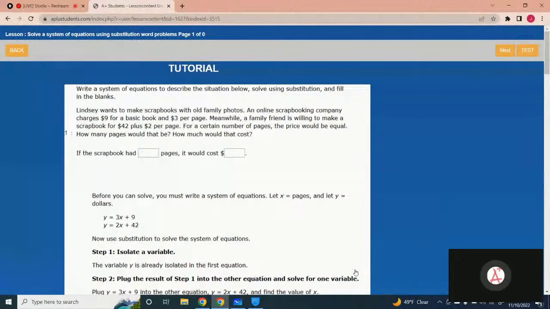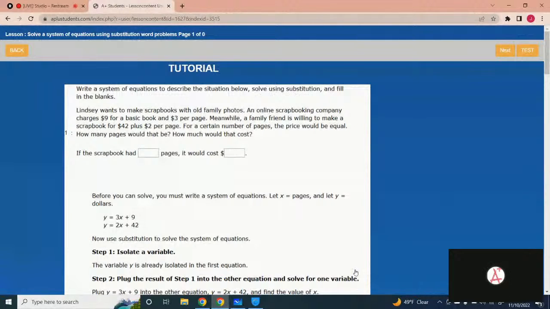Got it? So you have to form the equations first. Here the number of pages would be x. Let me write down the equation. An online scrapbooking company charges $9 for a basic book and $3 per page.